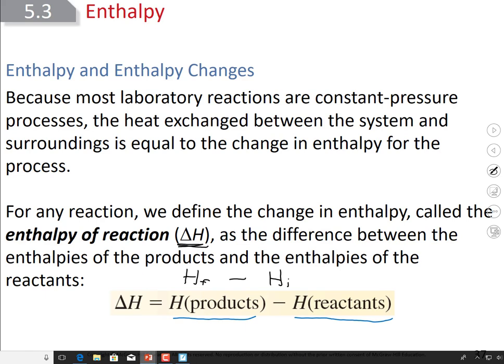And that's the same as the state function, final state minus initial state. So again, right now, that's just a concept. We will use that in an equation later on, right at the end of the chapter. But for now, this is just a concept as we go into thermochemical reactions.